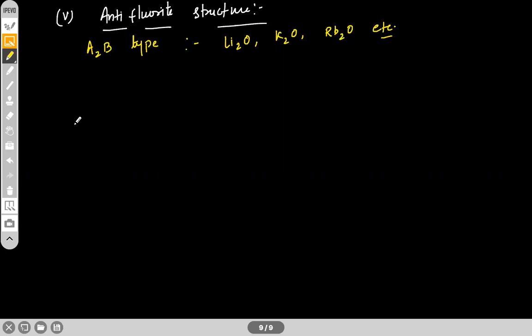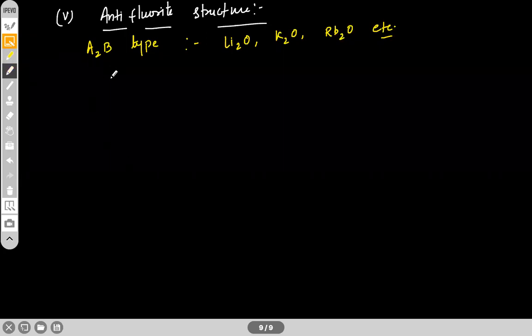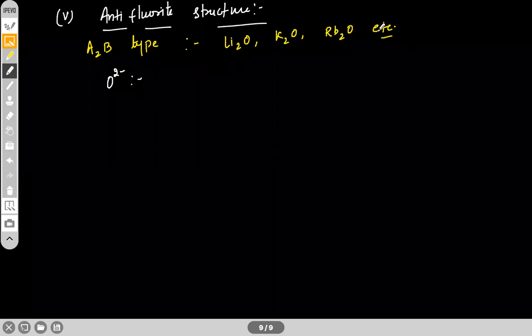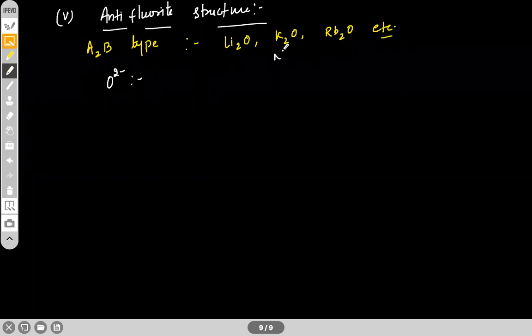So here what happens? The anion, that is O2 minus. Suppose we are taking Li2O, or Na2O is also a very important example of this.